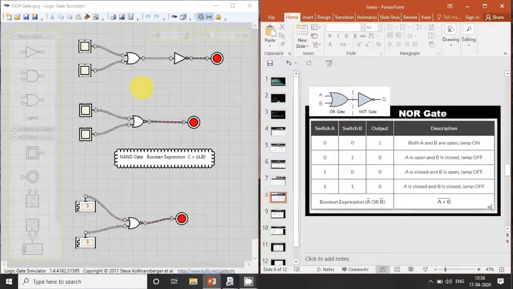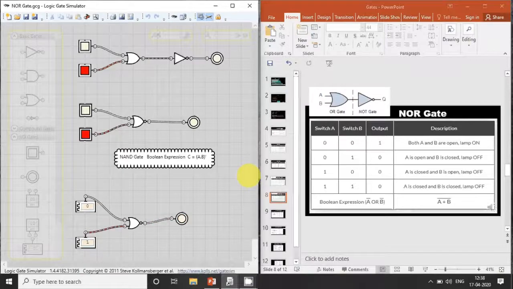Now verify the truth table. From the truth table, we verify whether our circuit is the same as the standard circuit, or if there is any difference. First input is 0 0. When both inputs are 0 0, the output is equal to 1. That is the first entry of a NOR gate, and that stands correct. Second is when the first is 0 and the second is high.